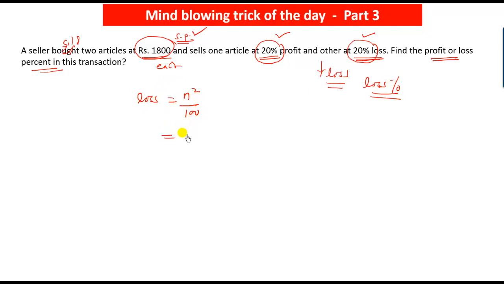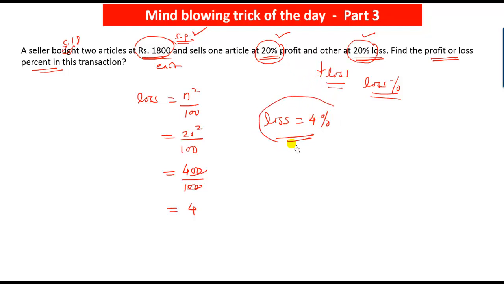So n square, that is 20 square upon 100. So 20 square will be 400 upon 100, zeros will get cancelled, and which is equal to 4. So the loss will be 4%, and therefore in this transaction the seller had to suffer 4% loss, even though there is a 20% profit and 20% loss. On an average, on both transactions there was a 4% loss.